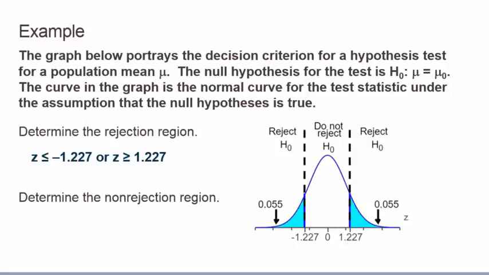Determine the non-rejection region. The non-rejection region is between our two z values. So negative 1.227 is less than z, which is less than 1.227.